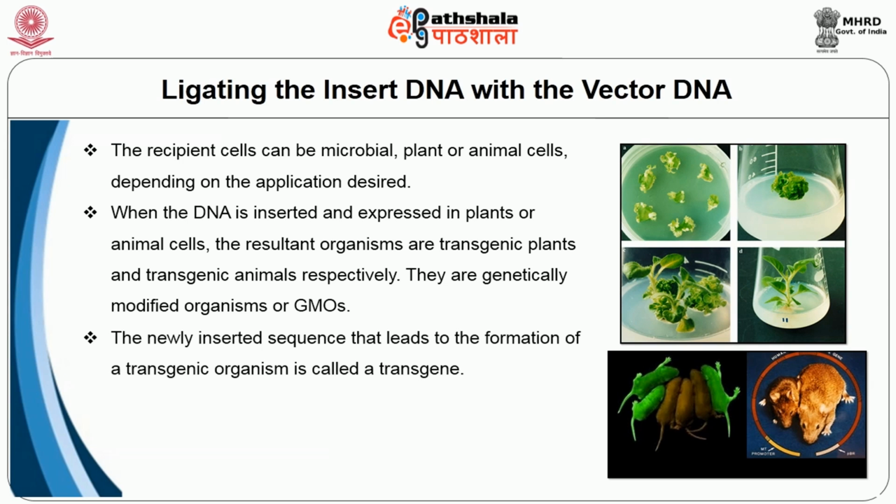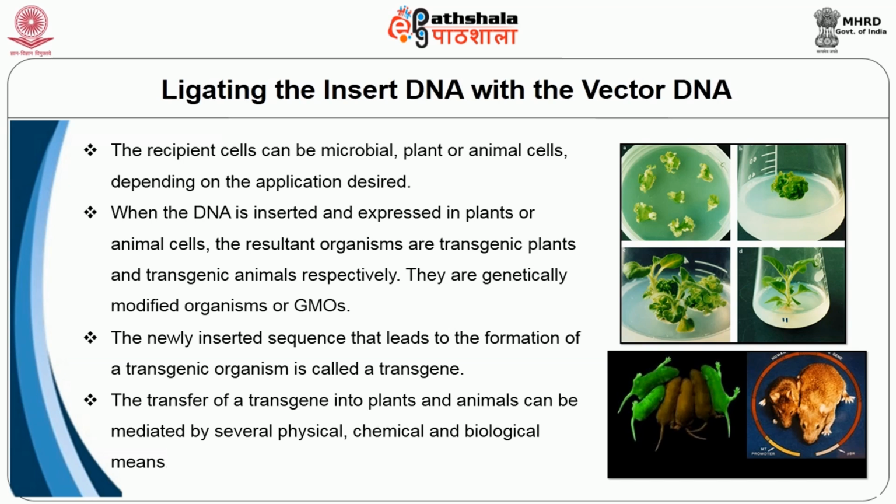The newly inserted sequence that leads to the formation of a transgenic organism is called a transgene. The transfer of a transgene into plants and animals can be mediated by several physical, chemical and biological means which are discussed in detail in the next module, that is module 32 of Food Biotechnology paper.